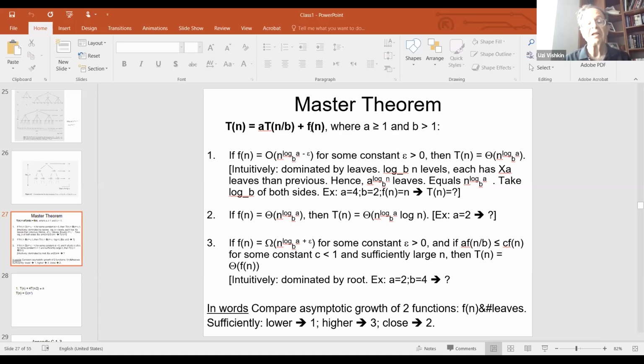The question is: is f(n) smaller asymptotically, or significantly smaller asymptotically? This is case 1. They are about equal asymptotically. This is case 2. f(n) is larger asymptotically. This is case 3. So that's basically the master theorem.